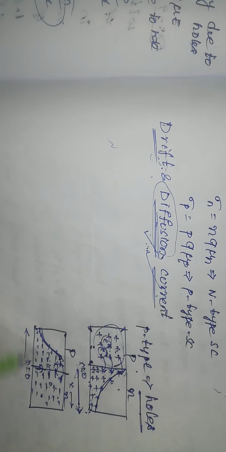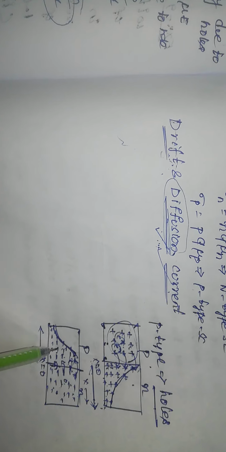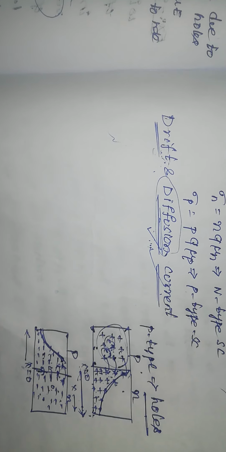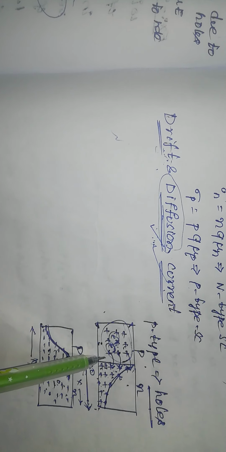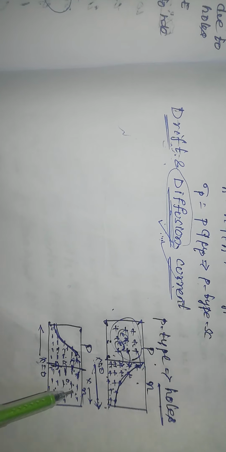Here the current is the diffusion current due to holes, and here the electrons are moving from n to p.